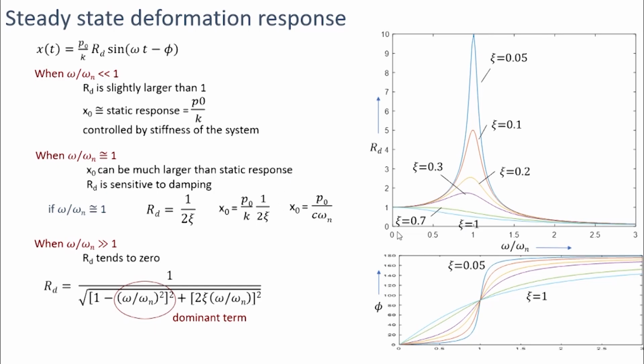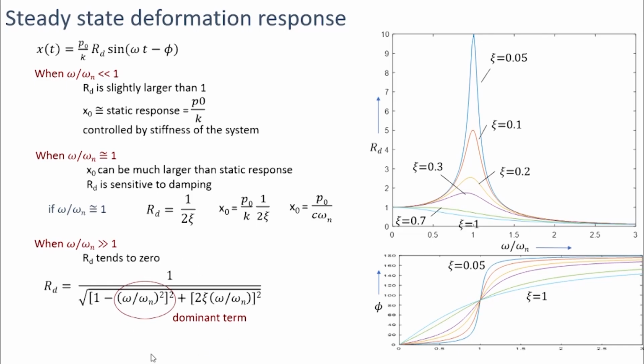So now what happens when the frequency ratio is much larger than 1? When the frequency ratio is larger than 1, as you can see in this curve, the value of Rd tends to 0 as the frequency ratio increases.